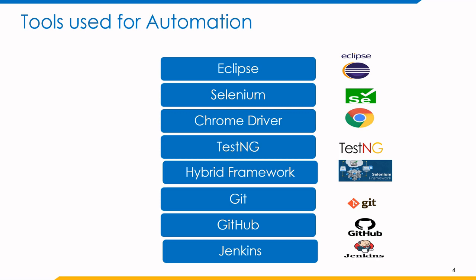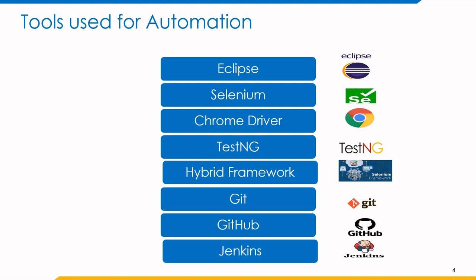In this slide, let's discuss the tools used for automation testing. First one is Eclipse. Eclipse is a widely used integrated development environment for Java and other programming languages. It provides a user-friendly interface for writing, debugging, and running code, and is also used for developing Selenium test scripts.